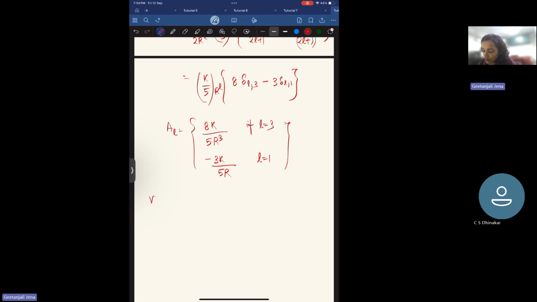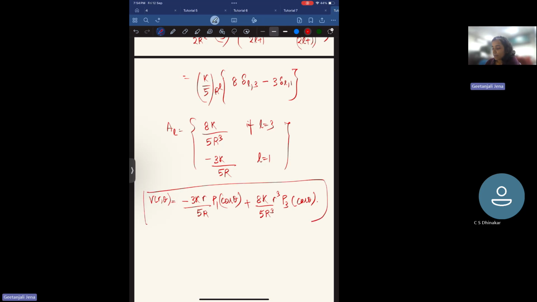So that means V(r,θ) for the inside is minus 3K r by 5R P1 cos θ plus 8K r^3 by 5R^3 P3 cos θ. Okay, so this is for the inside one.